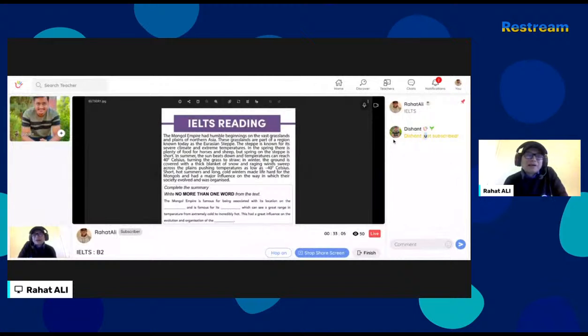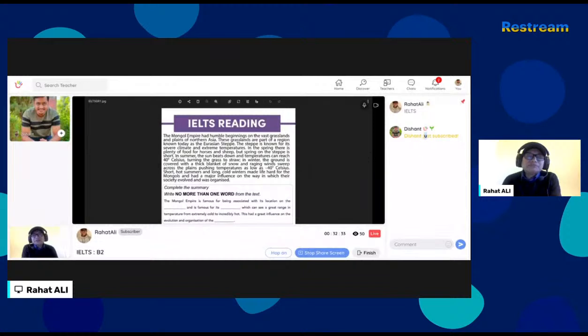The Mongol Empire had humble beginnings on the vast grasslands and plains of northern Asia. The grasslands are part of a region known today as the Eurasian steppe. The steppe is known for its severe climate and extreme temperatures. In spring, there is plenty of food for horses and sheep, but spring on the steppe is short.